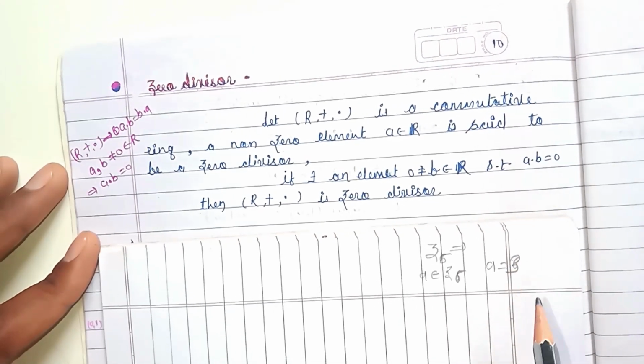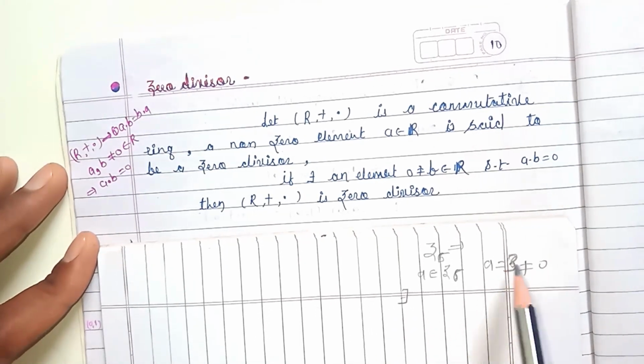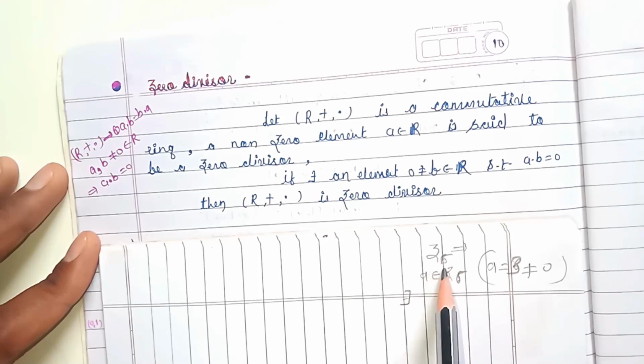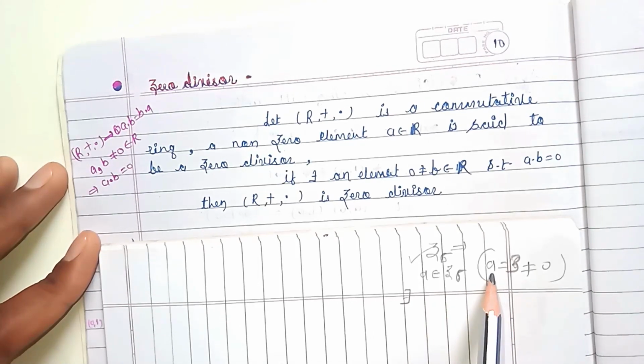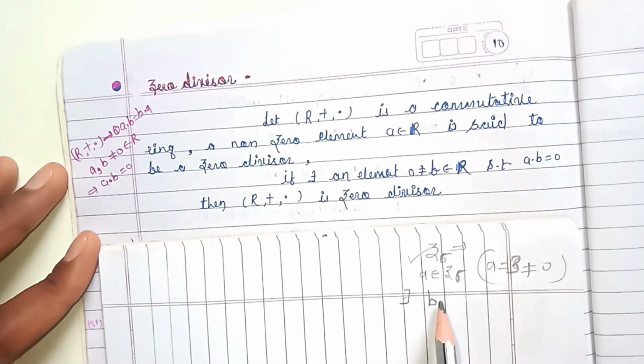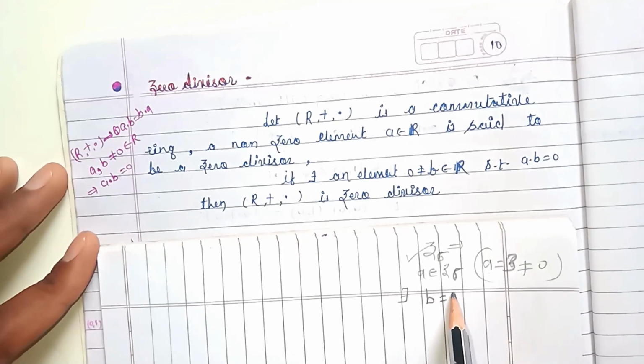A equal to 3 is non-zero, and we know Z6 is a commutative ring, so the commutative property always holds. Now if I take A equal to 3, there exists another element B, which is equal to 2.